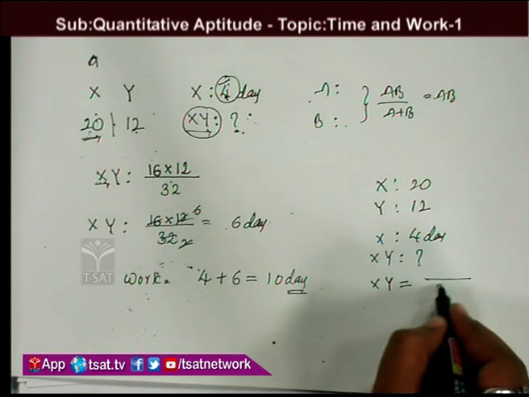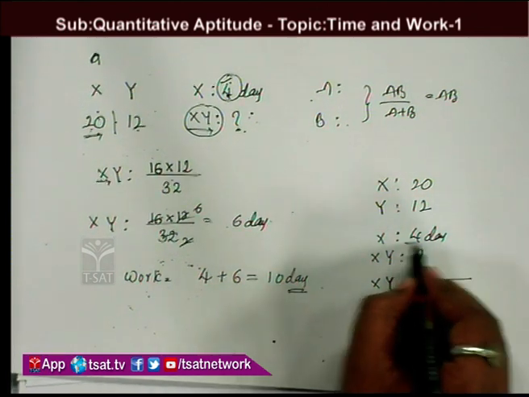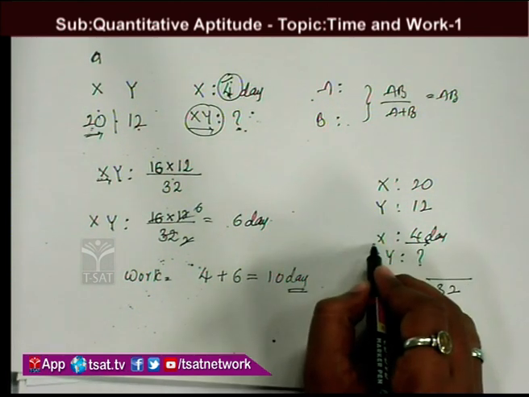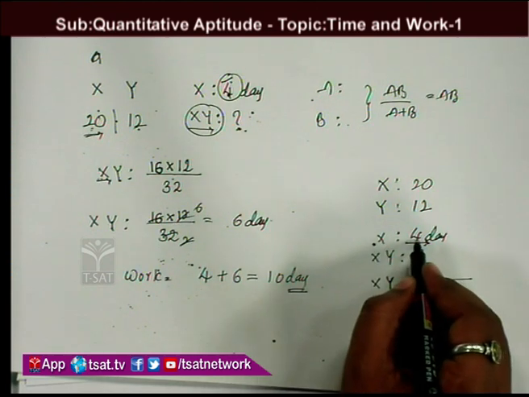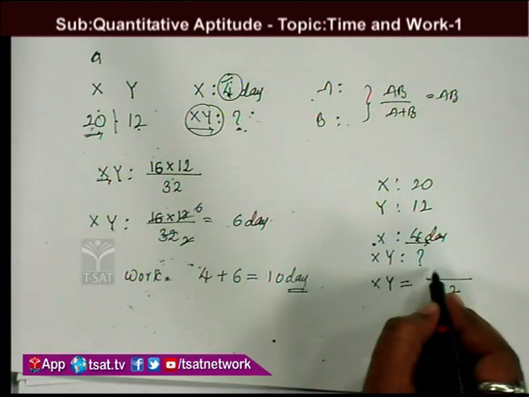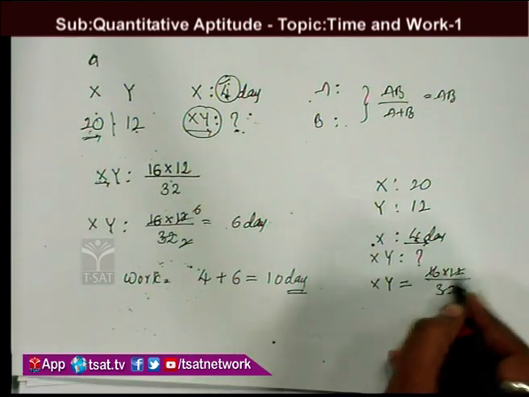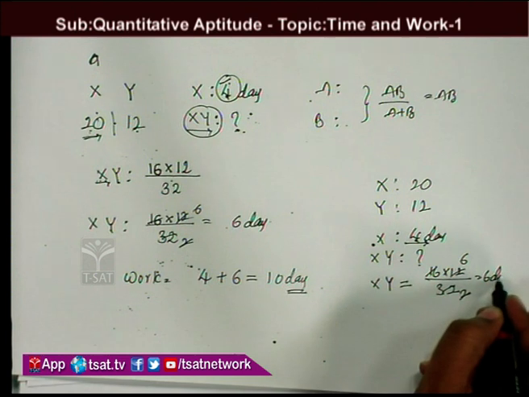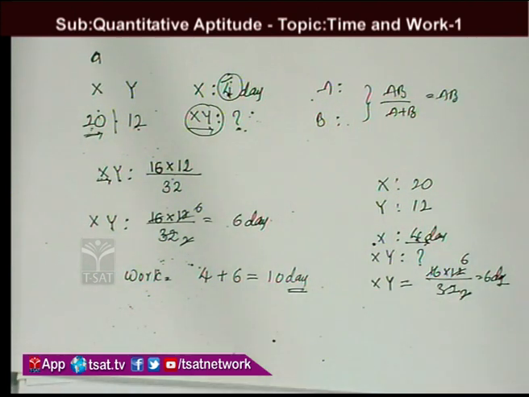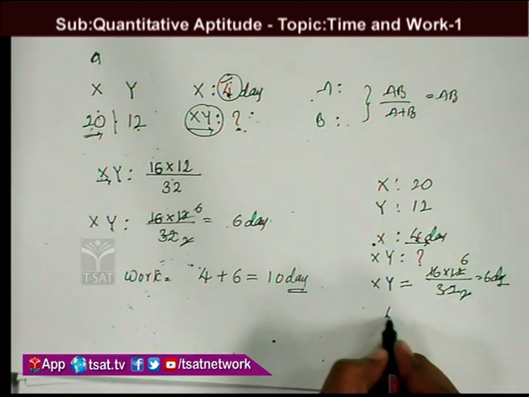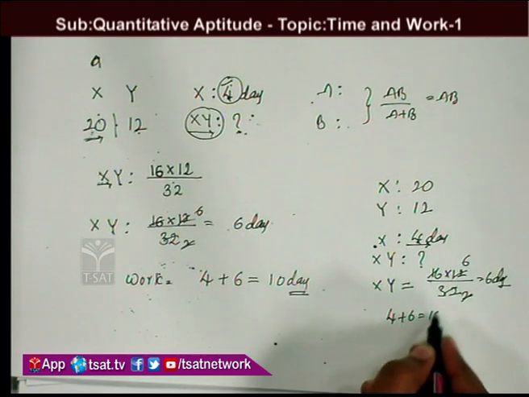Simply, you add both values, 32. x is working alone, so remove that alone working days of x from the 20. So, that is 16 into 12, 16 2s are 32, 2 6s are 12. So, it is 6 days, x and y 6 days. The whole work is completed in 4 plus 6, 10 days.